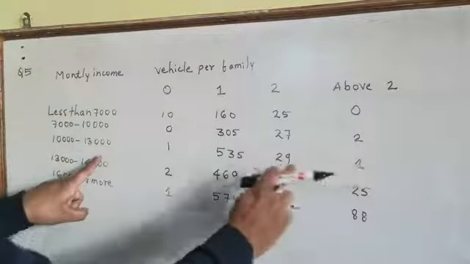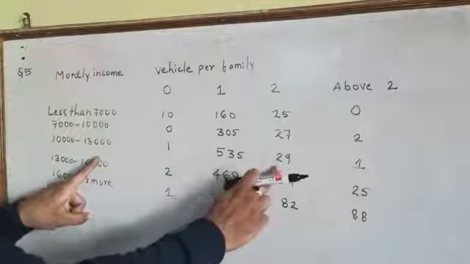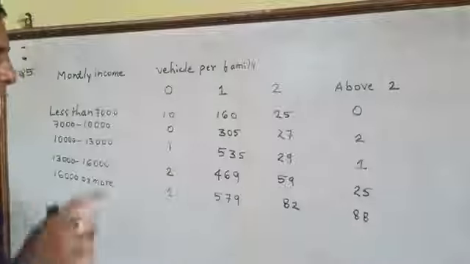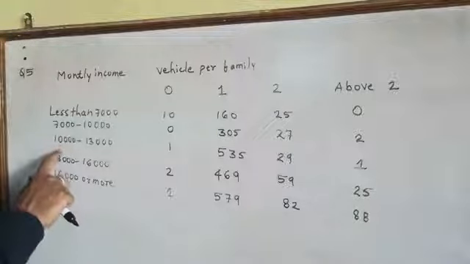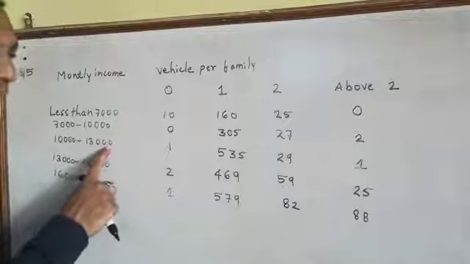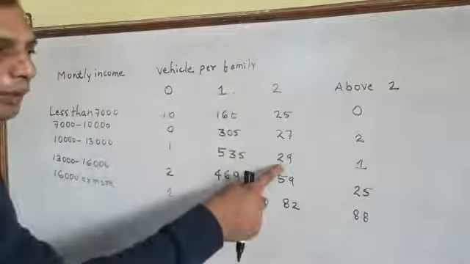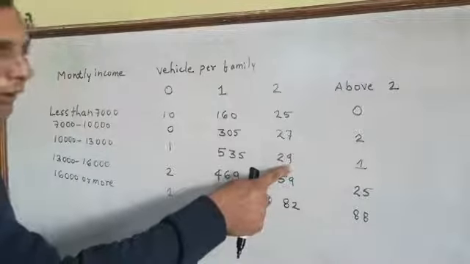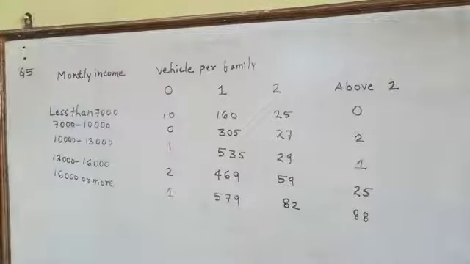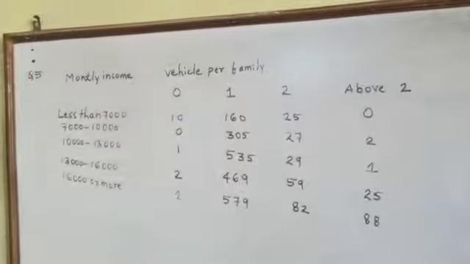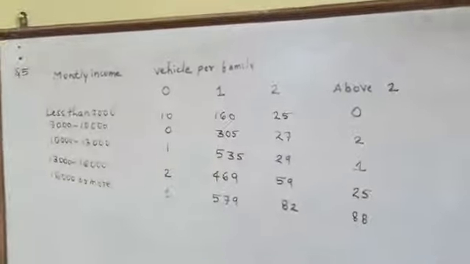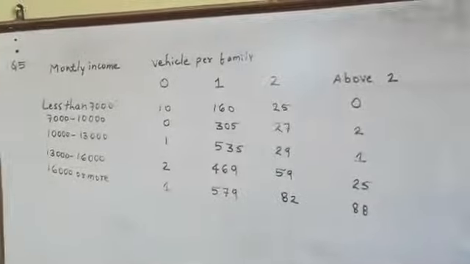Exactly two vehicles means 29 families. The total number of outcomes will be 2,400, which will be common in all the cases, so we'll write 2,400 in all the cases and solve the questions.